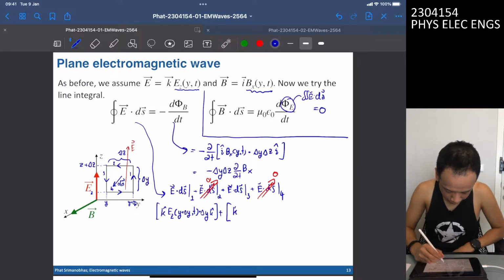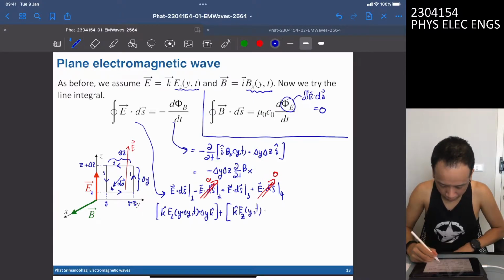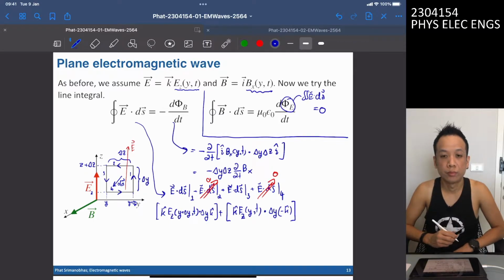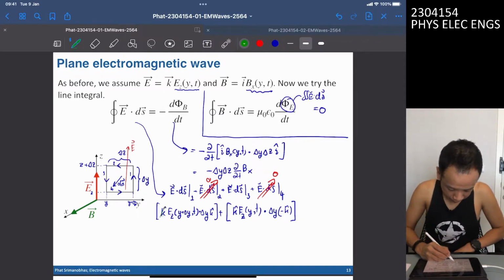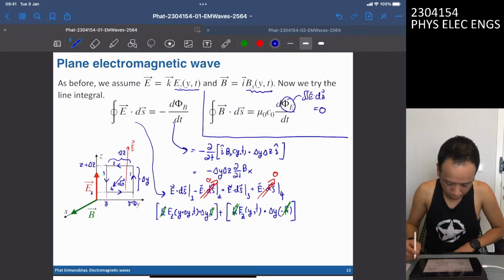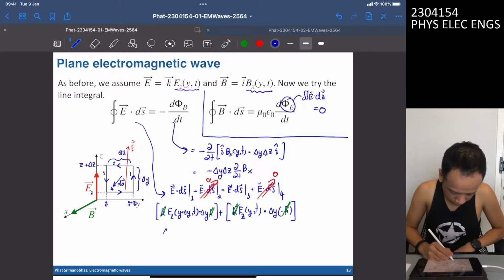So you get k of EC at y dot ds, which is delta y minus k, right? Okay. Then k dot k becomes 1. So what you have is the delta y, right? And then you have EC of y.